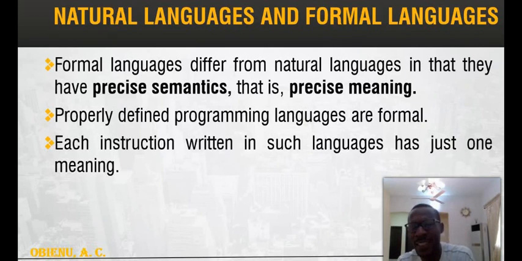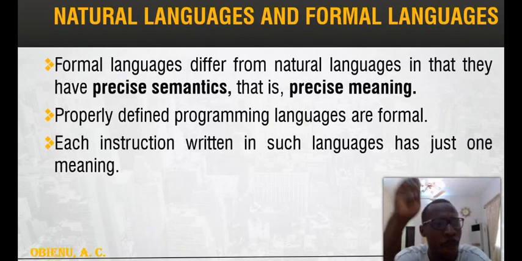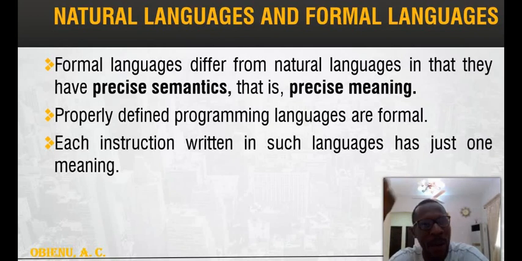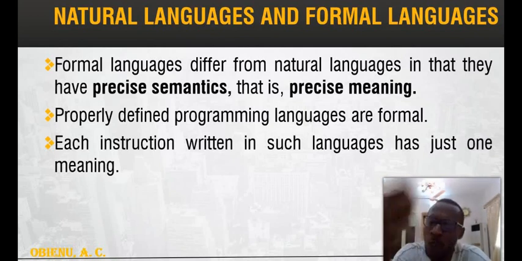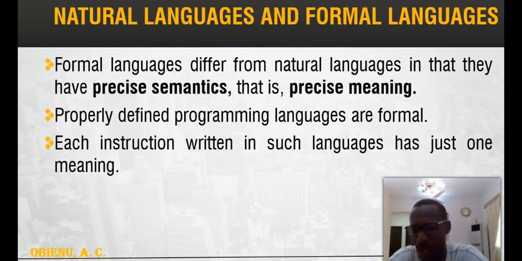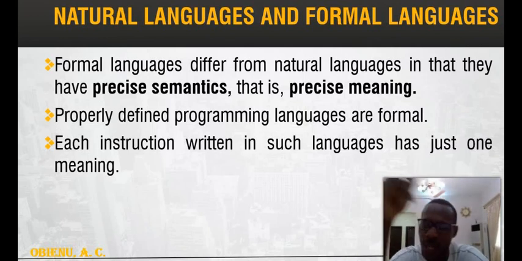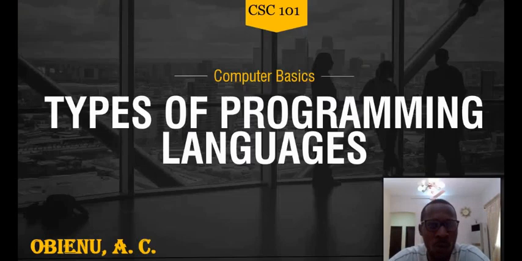The instructions written in formal languages usually have only one meaning. By so doing, there will be no place for ambiguity or having more than one meaning for a particular expression. So we will stop there for today.